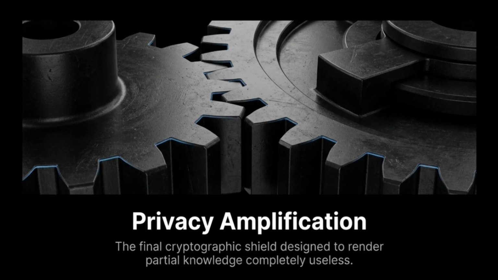We have reached the final stage of the BB84 post-processing pipeline, privacy amplification. Think of this as the heavy machinery of our security system, the final cryptographic shield designed to render any partial knowledge held by Chris completely useless. As you see in the mechanical gears on your screen, this process is about fundamental transformation.